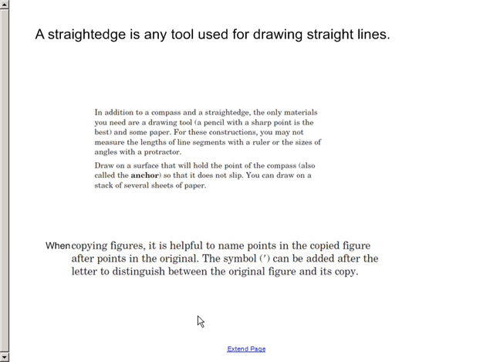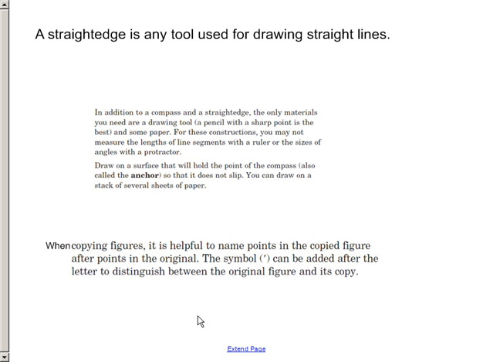We talked in a previous lesson about the pre-image and the image. So in the pre-image, it might be labeled A, B, C, D. When you create the image, it will be A', B', C', D'. That little symbol, which looks like a 1 or a little apostrophe, would be used in order to do that.